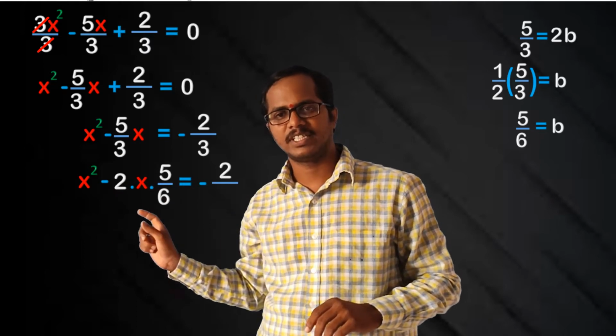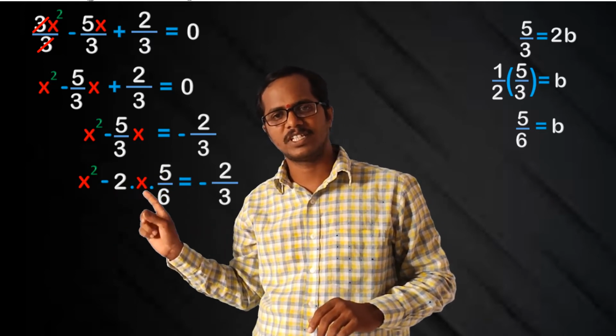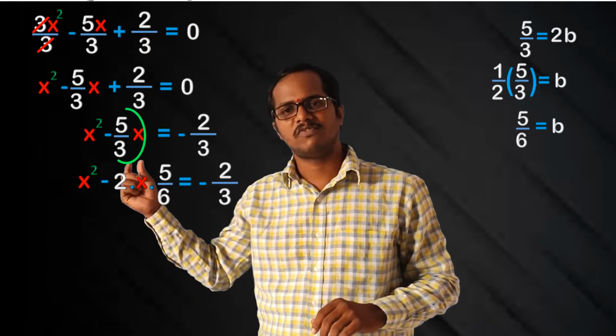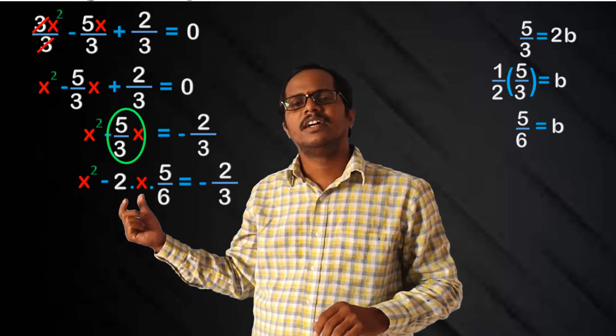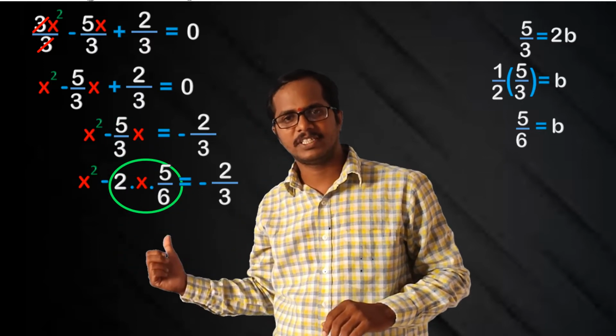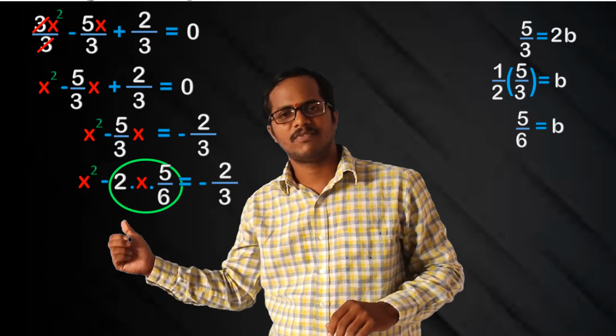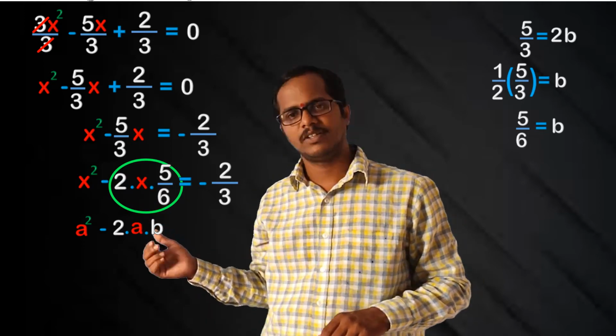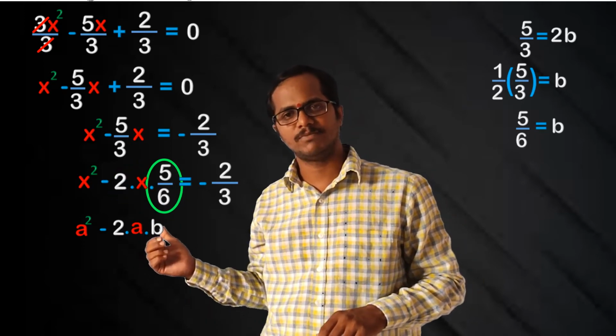If you simplify this again, here we can cancel 2 1s are 2, 2 3s are 6, so that we get again 5 by 3x. So now 5 by 3x is expressed as 2 into x into 5 by 6, so that we get the form 2ab here. Now what we get in the place of b? We get 5 by 6 in the place of b.